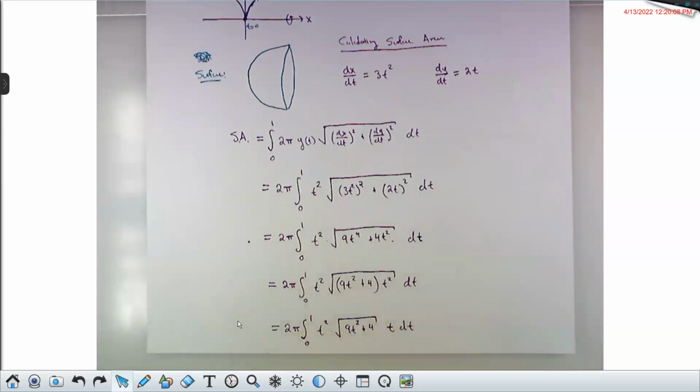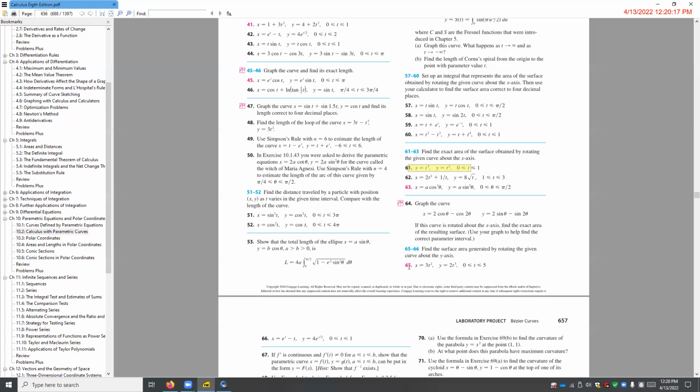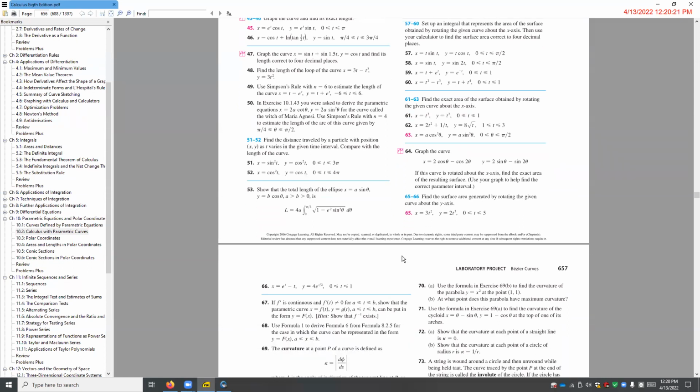We have only about 5 minutes left, which is probably not enough time to do a full second calculation, but let's at least set up an integral for one of these done revolving around the y-axis. Here we have very similar curves. Let's do 66. So it's the same curve we found the arc length of earlier.